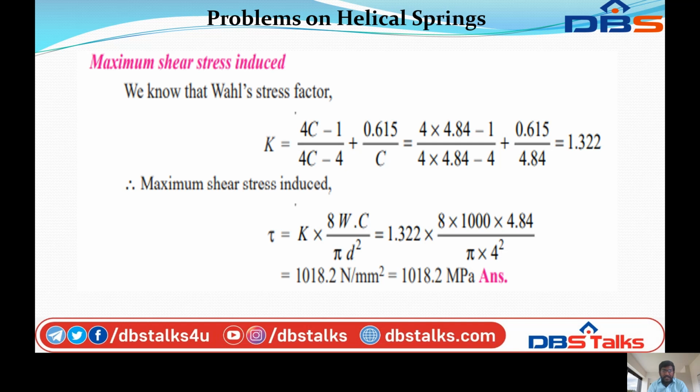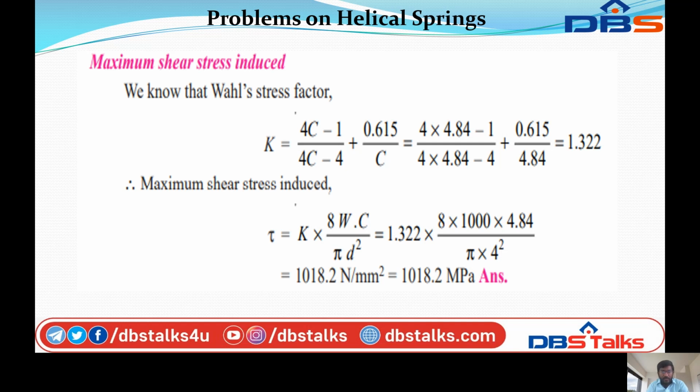Therefore the maximum shear stress induced, tau, is equal to K into 8 into W into C by pi d square. So we can substitute the values. Tau is equal to, K already calculated above, 1.322 into 8 into W 1000 into 4.84 by pi into small d, 4 mm, square.